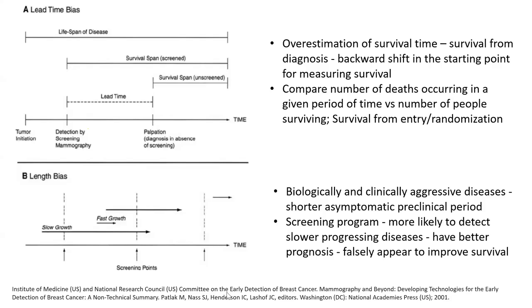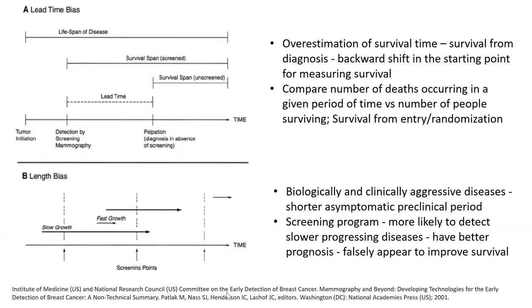But because you begin from the time of diagnosis, counting how many years the individual has survived from the time of diagnosis, this lead time bias creeps in. So there is an overestimation of survival time if you are looking at the time from diagnosis.